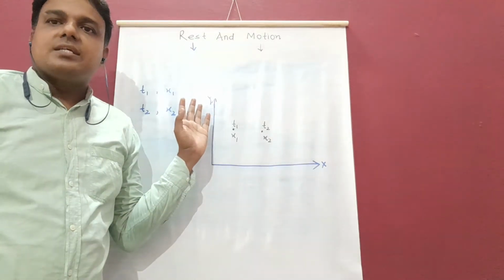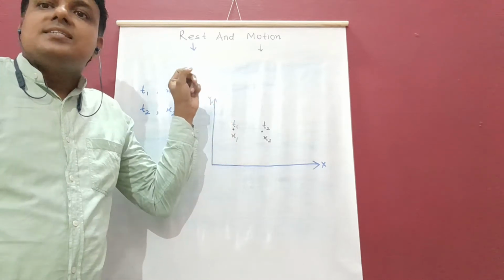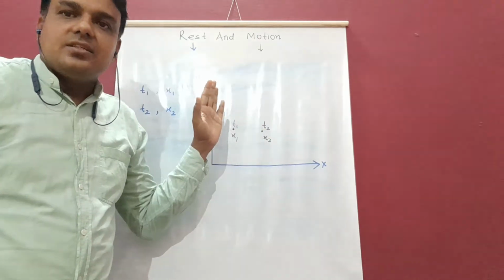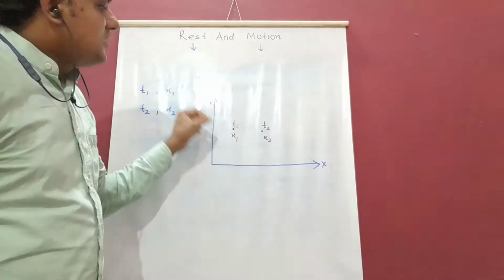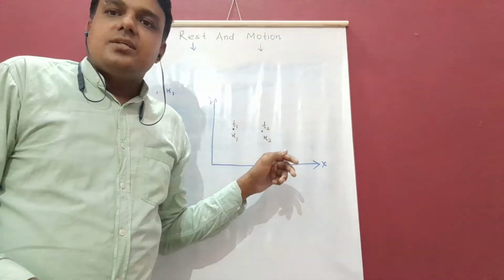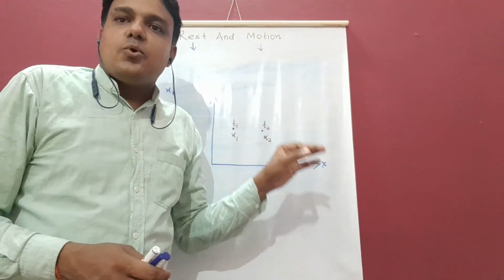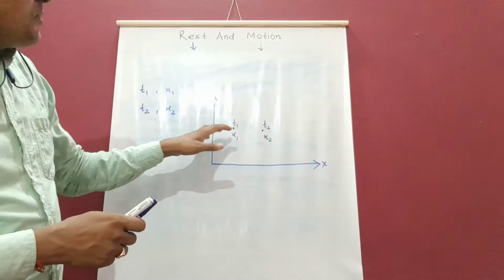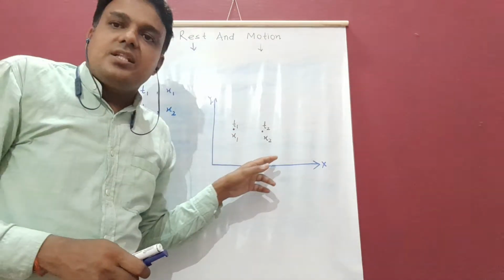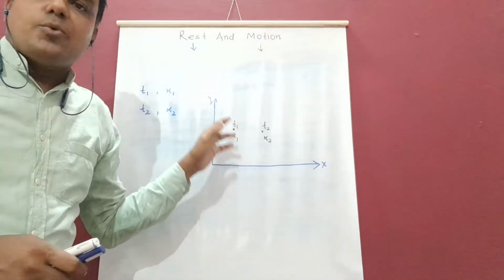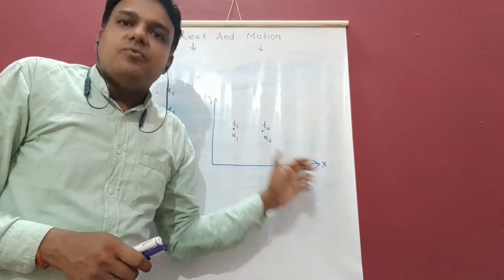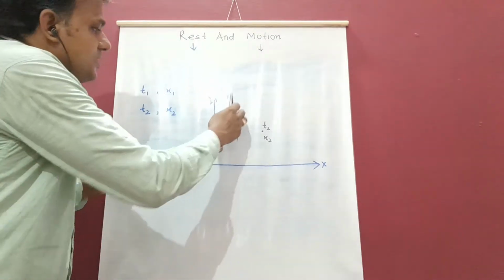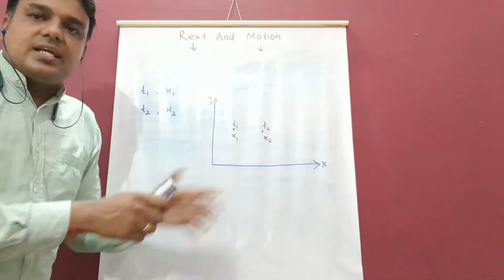In this case, the object changes its position in x direction. This example represents one-dimensional motion, because I am representing only the change in the position of the object in x direction. Only the x coordinate is changing, that's why we can say that the object is in motion in x direction.